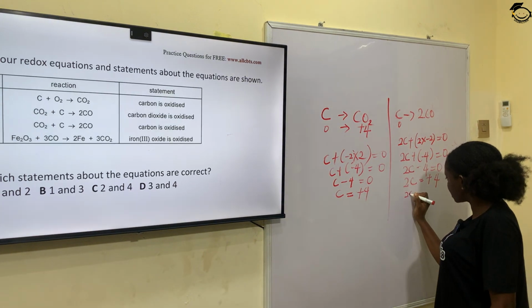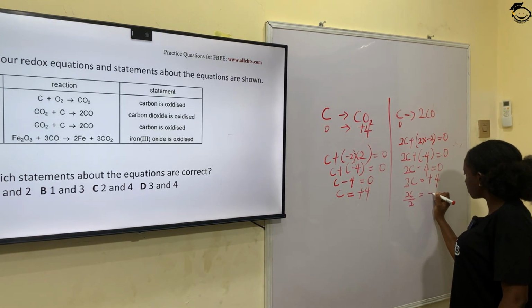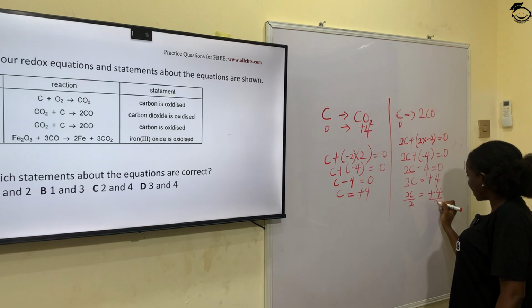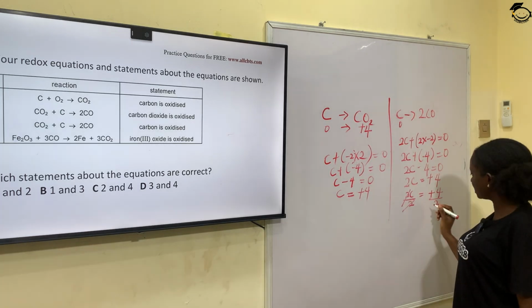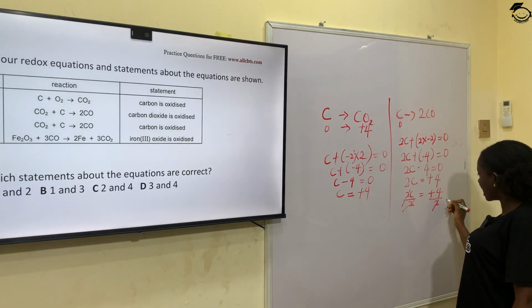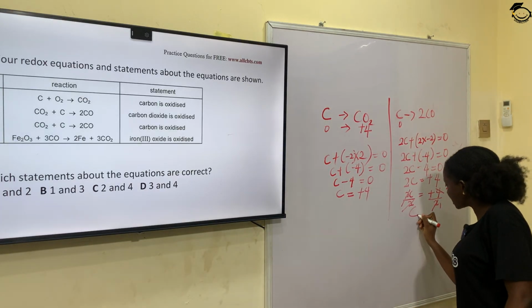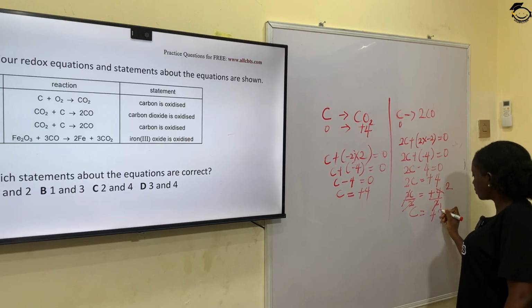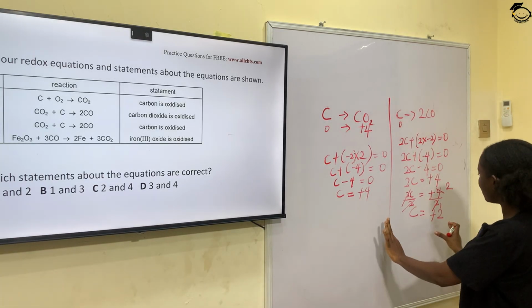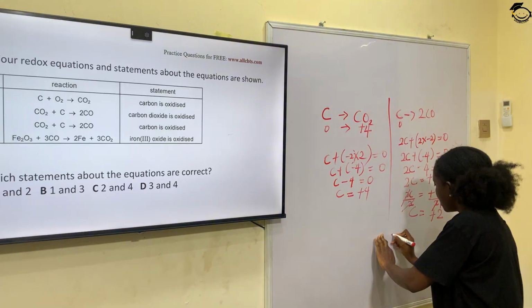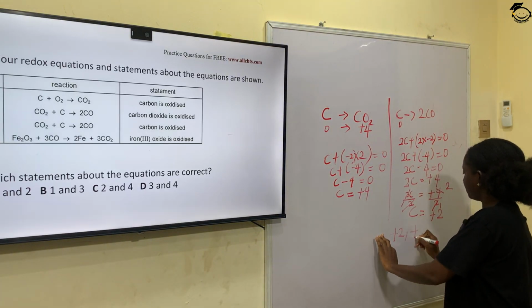That will be 2C divided by 2 equals +4 divided by 2. These two will cancel these two. Then 2 into 4 will give 2. That means our C here is equal to +2. So we have carbon to have oxidation state of +2 and +4.